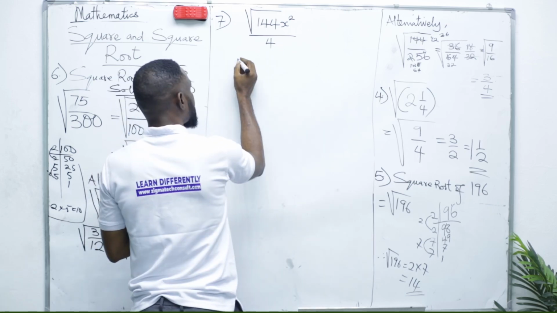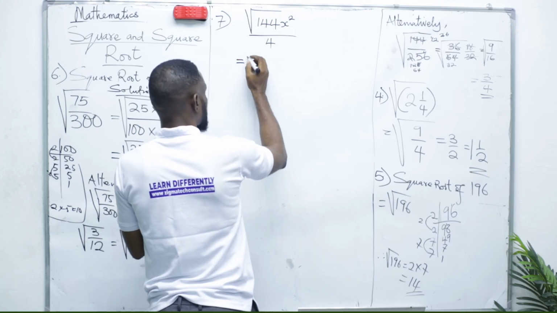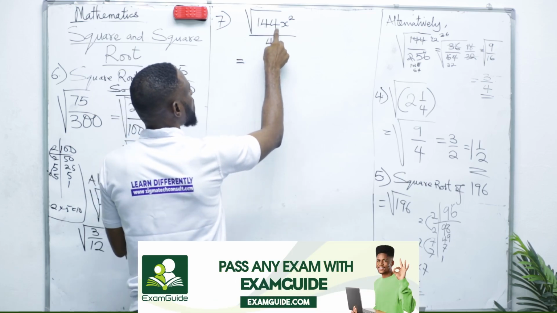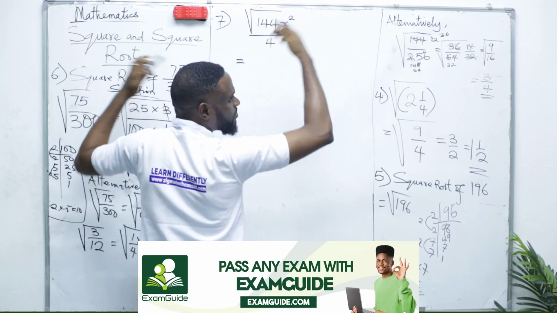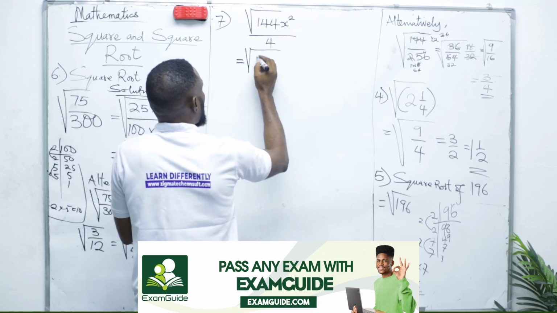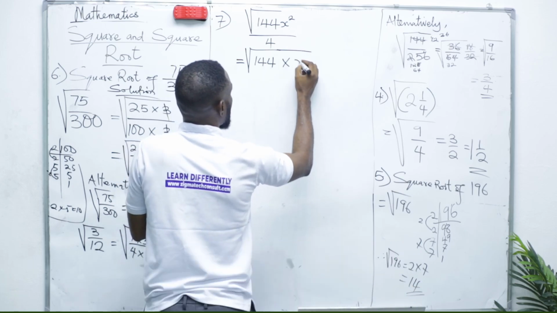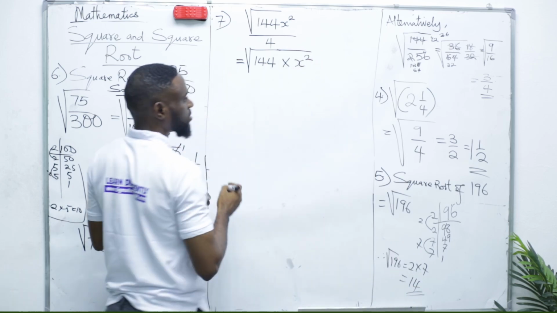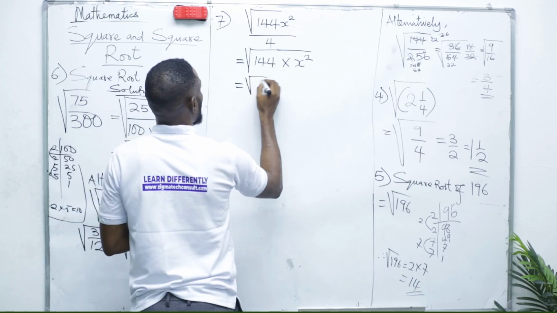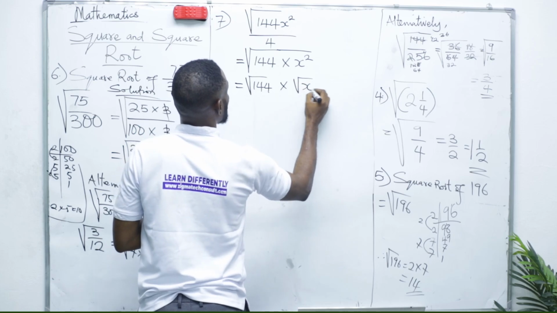Okay, so this is equal to, remember, 144x squared means what mathematically? Let's express it mathematically. It means 144 times x squared. That's what it means. So this can mean square root of 144 times square root of x squared.